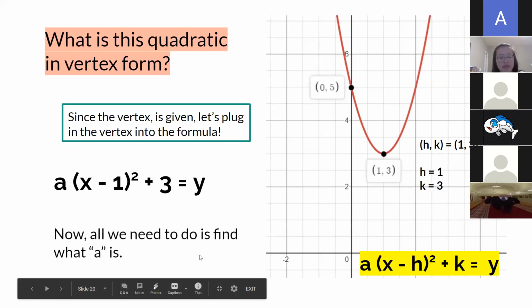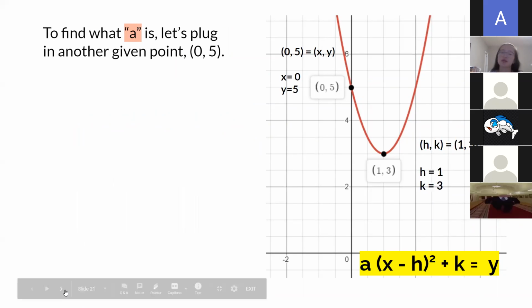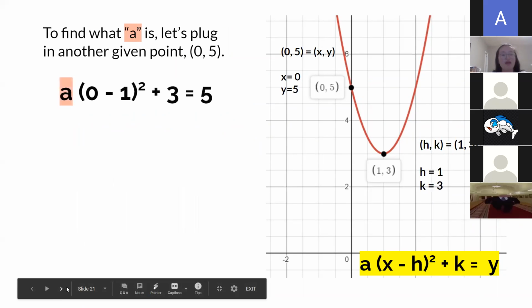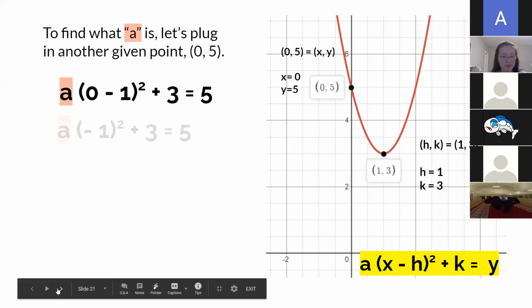After this, all we have to do is find out what a is. The easiest way to do that is to just plug in a point. Remember how we plugged in points to find the equation of a quadratic? That's basically what you have to do here again. We're trying to find a, right? So it would be a times 0 minus 1 squared plus 3 equals 5.